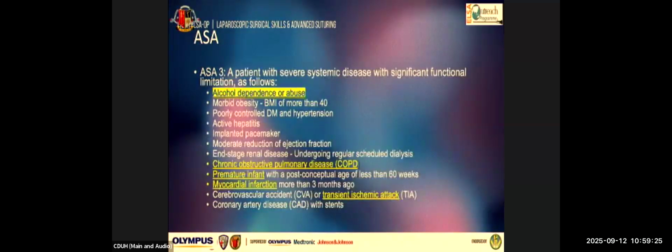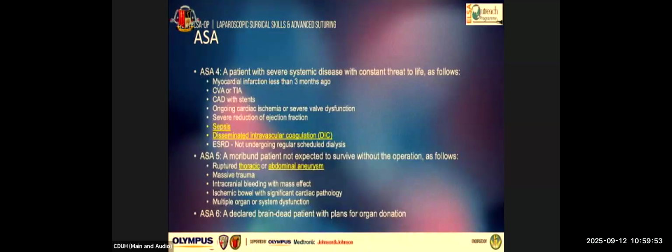ASA 3 are those with severe systemic disease with significant functional limitations. These are COPD, those known to have alcohol abuse and cirrhosis, morbid obesity, premature patients for the pediatric cardio, and MI more than 3 months. ASA 4 are those patients with severe systemic disease with constant threat to life.